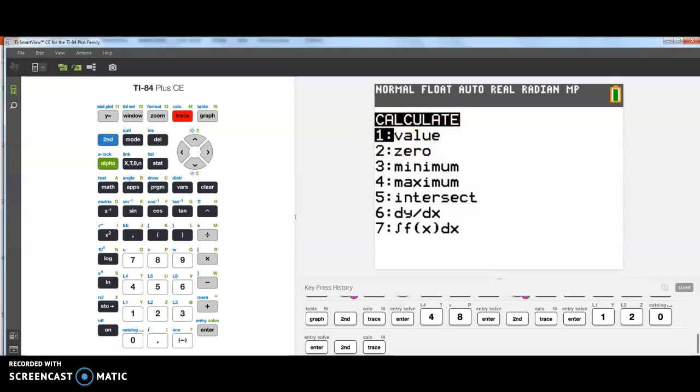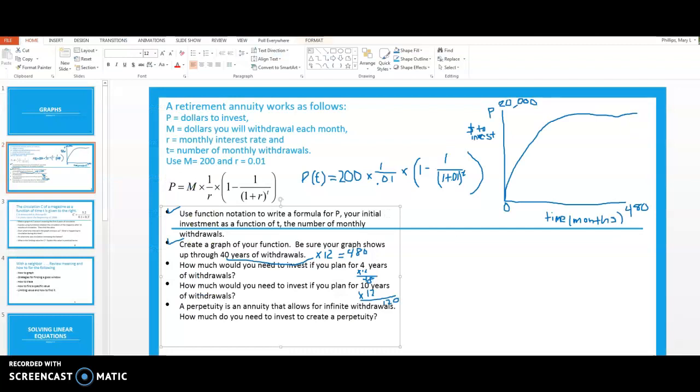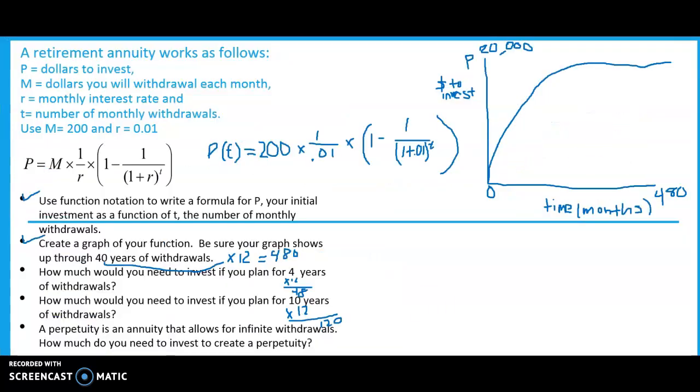Now going back to our PowerPoint slide, the last question tells us a perpetuity is an annuity that allows for infinite withdrawals. How much do you need to invest to create a perpetuity? So when I take a look at the graph, I see that the graph is coming up here and then it is leveling off. And so a perpetuity is that glass ceiling that this graph comes up against.